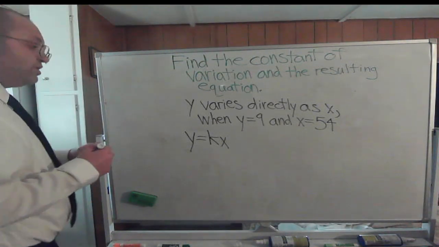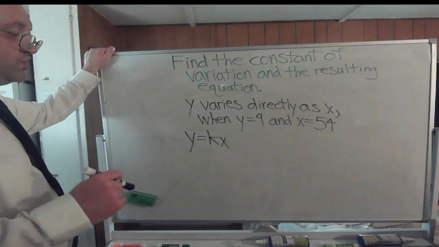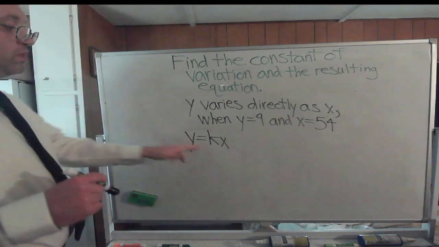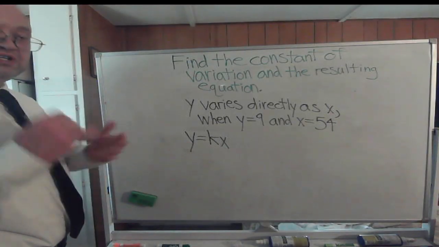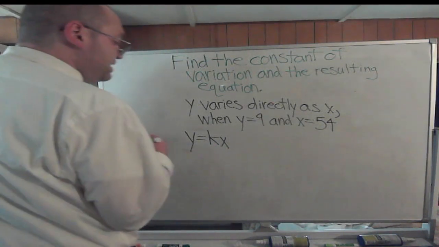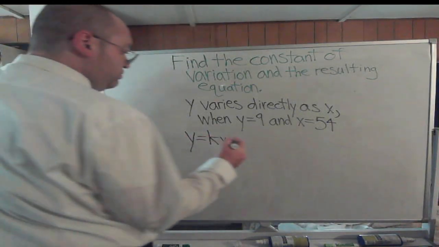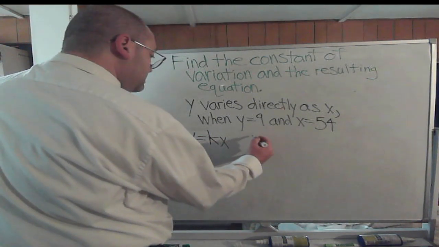Now, first thing we're being asked to solve for is the constant of variation. We have y equals kx. Well, we want to solve for k, right? Well, we'd have to divide that kx by k. So let's do that now.